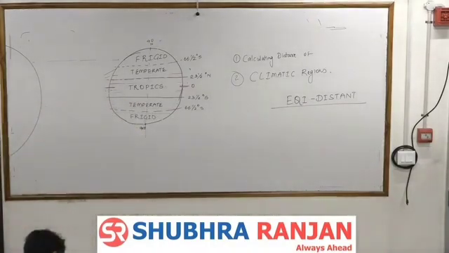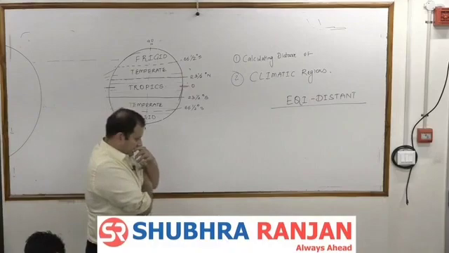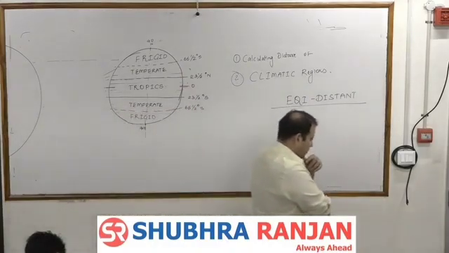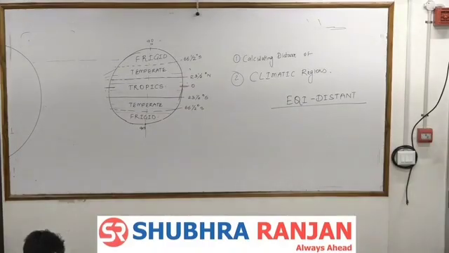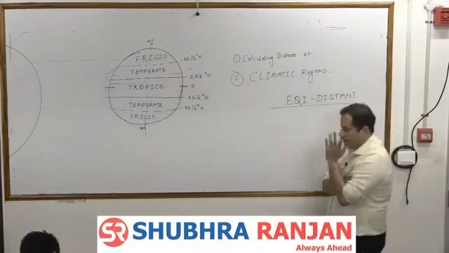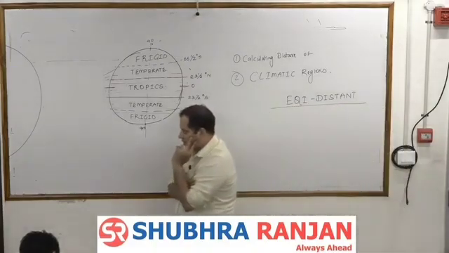2, Tropic of Cancer and Tropic of Capricorn, that is 23.5 degree north and 23.5 degree south.